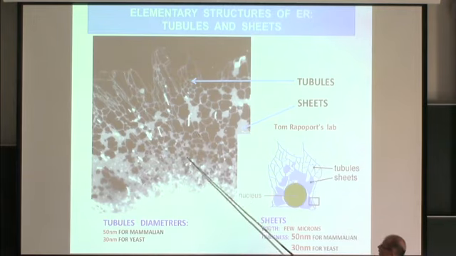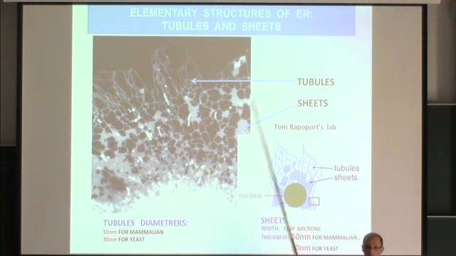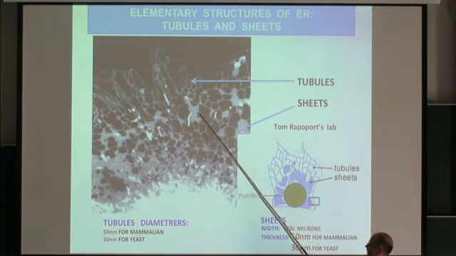So what you see here, the bright spots and lines, is the endoplasmic reticulum. It is a very complex membrane network which starts from the nucleus. Actually, the endoplasmic reticulum is connected to the outer nuclear membrane. You know that the nucleus has two membranes, so it is a sort of extension of the outer nuclear membrane, and then it branches in all directions.